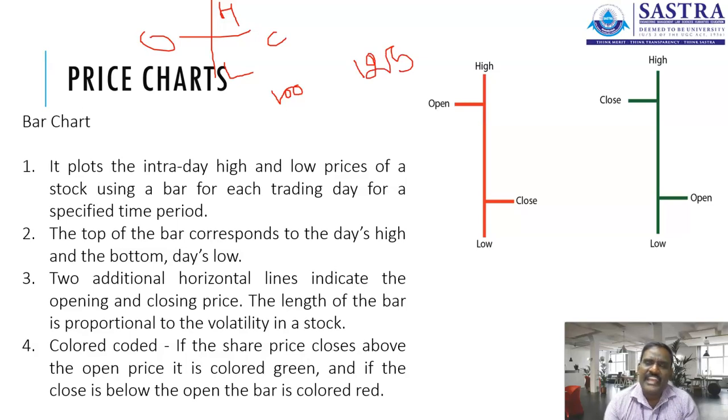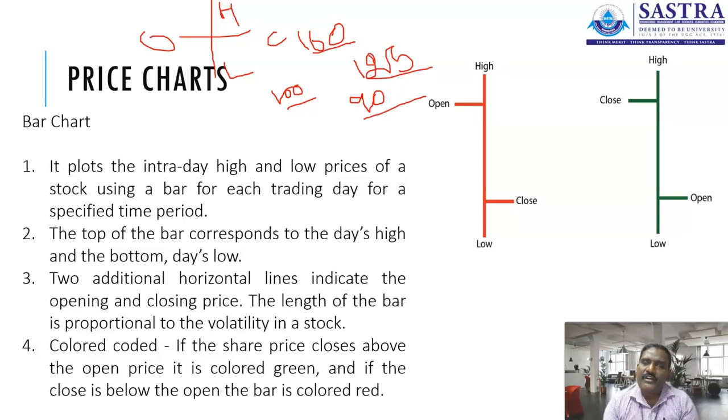During the trading day, the price increased to 160 rupees and fell to 90 rupees. So the opening price is 100, closing price is 125, high price is 160, low price is 90 rupees.